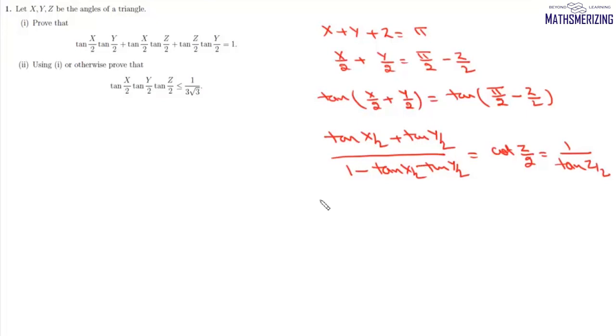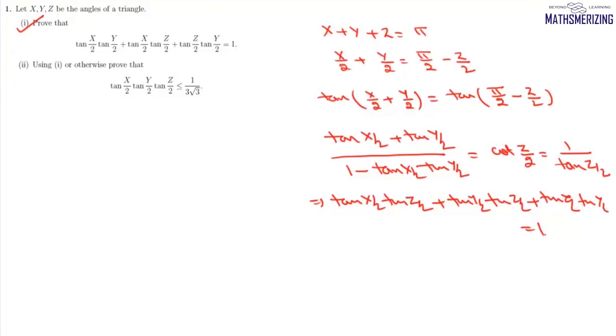Now if we cross multiply, we can write this as tan(x/2)tan(z/2) + tan(y/2)tan(z/2) + tan(x/2)tan(y/2) is equal to 1, and this is what we need to prove in part 1.